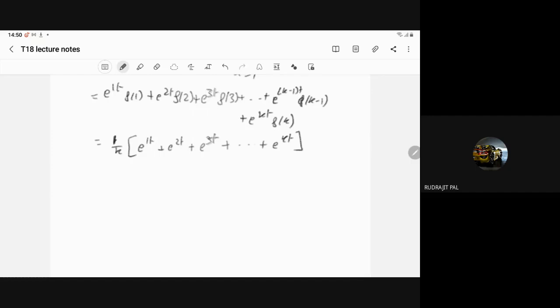So what is this? It is a finite geometric series with common ratio e to the power t.